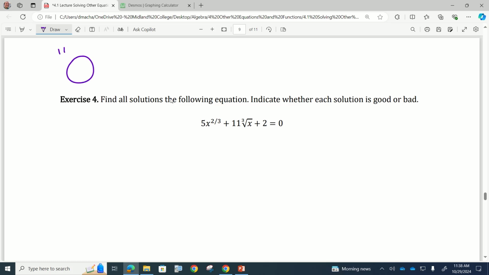These have the name quadratic in form. The reason that these are called quadratic in form is because someone decided this looks almost quadratic, and I could make this into a quadratic equation if I do a little substitution.